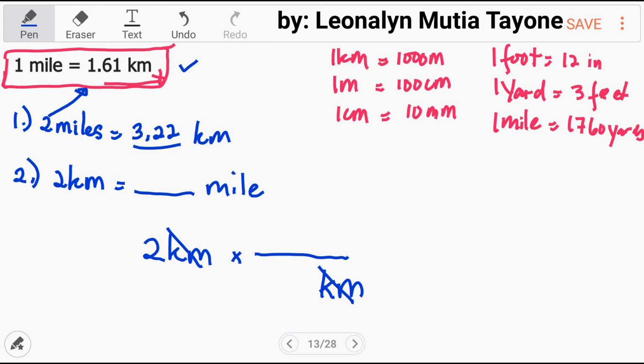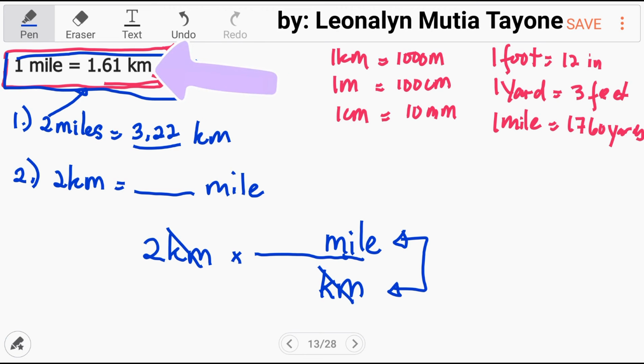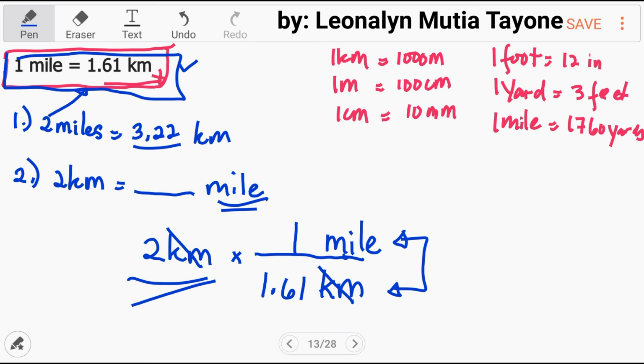So, itong kilometers, ilagay mo sa denominator, at ang numerator mo ay yung mile or miles. Itong dalawa ay equivalent, pariho. Dito natin titingnan, 1 mile is equals to 1.61. Pwede mo yang baliktarin. Depende yan kung ano yung i-convert natin. Now, ito ay convert natin to mile.